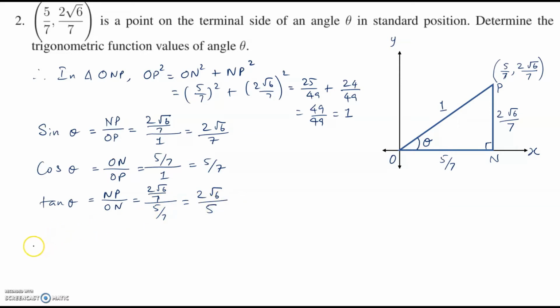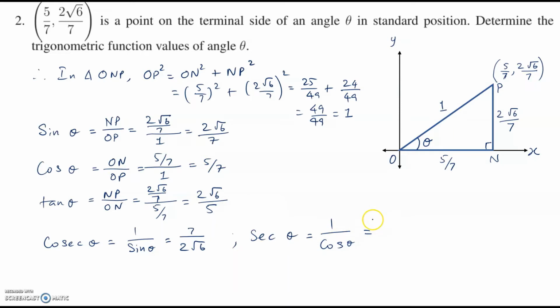Then, we will find the cosec theta next. The cosecant theta is nothing but 1 by sine theta. And our sine theta is 2 root 6 by 7. So, this is 7 by 2 root 6. Then, our secant theta will be equal to 1 by cos theta. And our cos theta is 5 by 7.